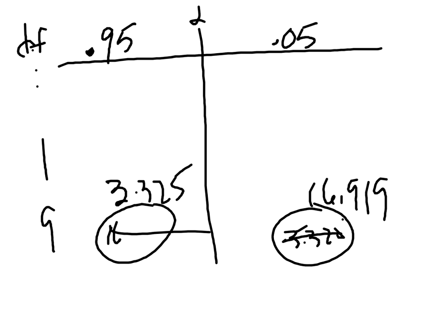On the right side of the table, for 9 degrees of freedom, 16.919. Wait a minute. Yes, 16.919 is on the right side of the table, and the left side of the table for 9 degrees of freedom is indeed the 0.95, 3.325. I think they've got those backwards in the book.